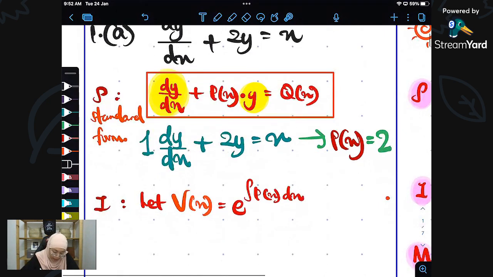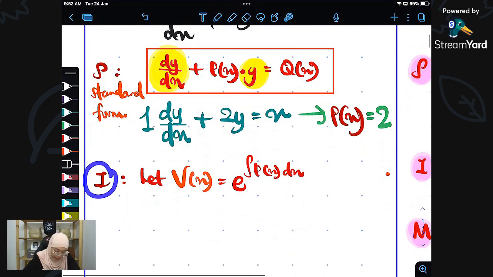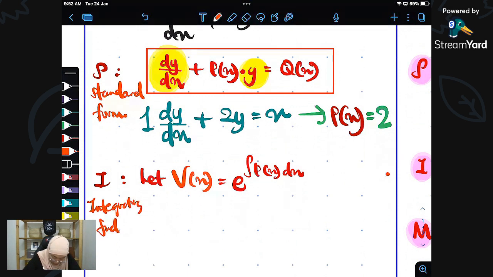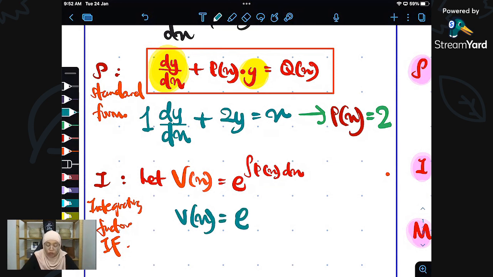Now the second step is I, which means IF, the integrating factor. We name the IF with the letter V. So I write down that our V(x) is equal to exponent of the integral of p, and this one you have got to memorize.